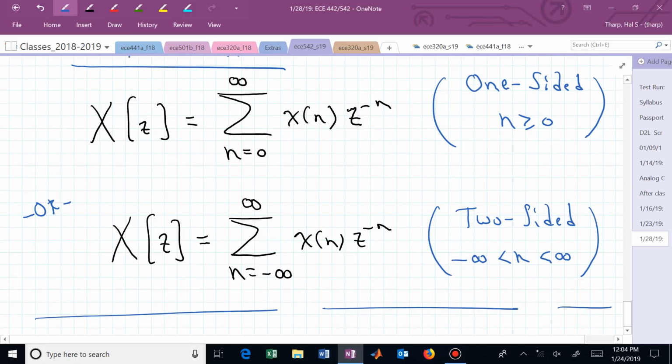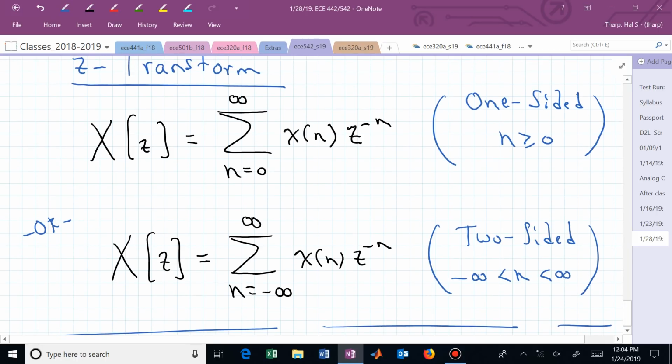That's now our definition. We have a sequence of numbers, x of n. We weight those by some complex power of z, where the power is minus n. But now we're just going to take little x of 0, scale it by z to the minus 0, little x of 1, scale it by z to the minus 1, x of 2, scale it by z to the minus 2, etc., and see what we can come up with for different waveforms, little x of n.